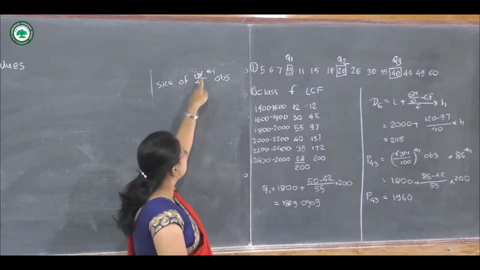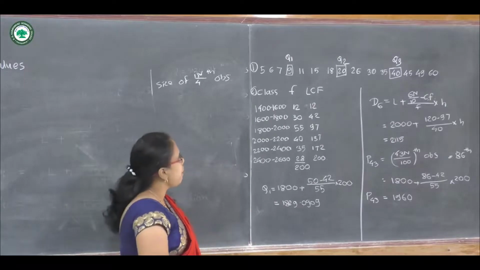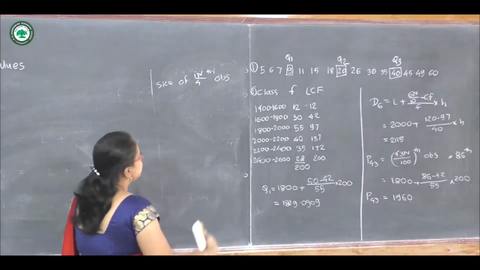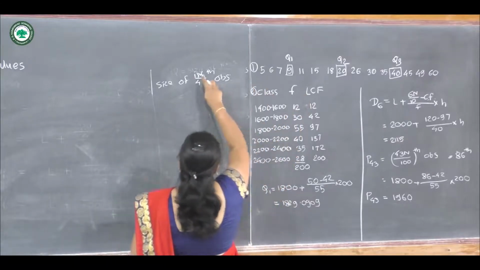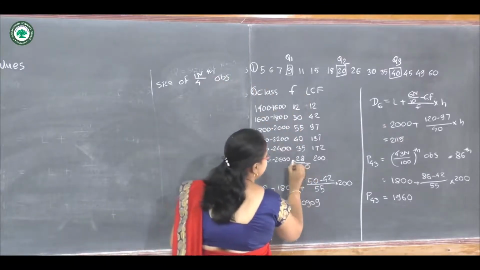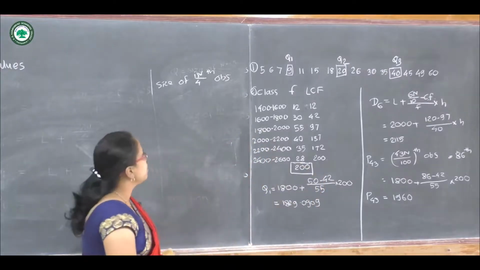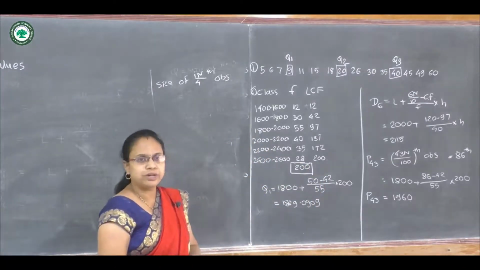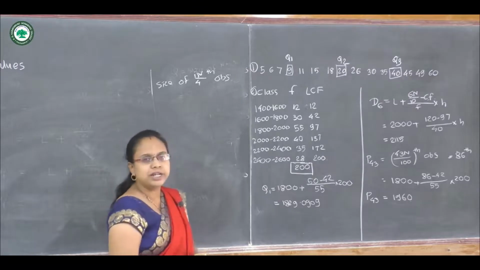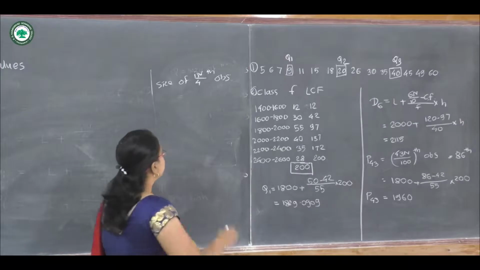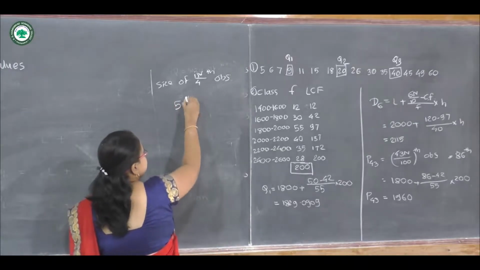Here n is 200, the total number of frequency. So size of 200 upon 4th observation means the size of 50th observation.